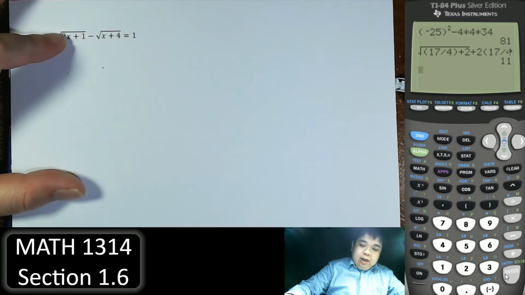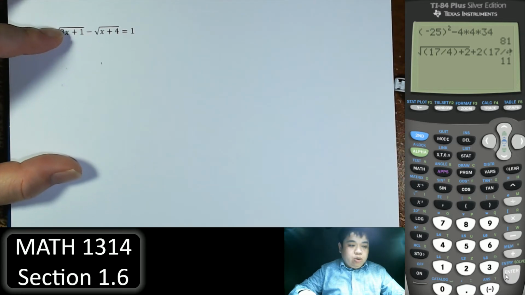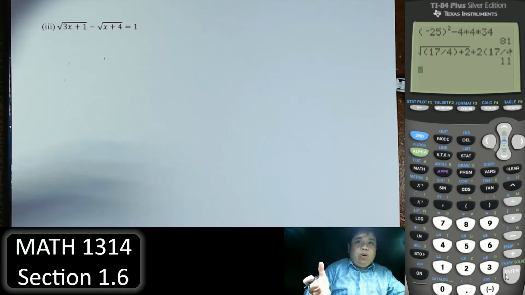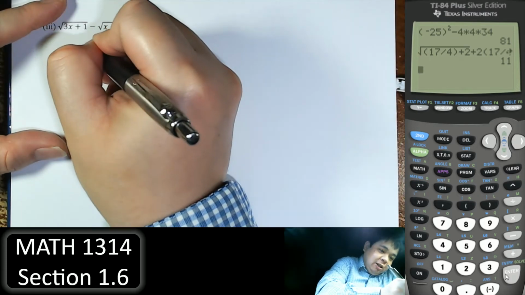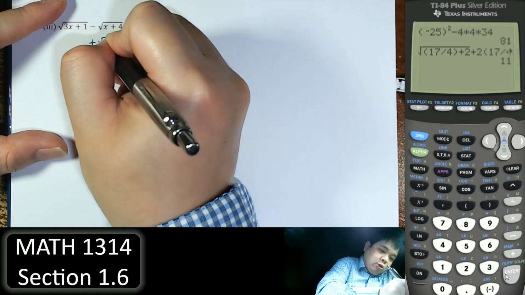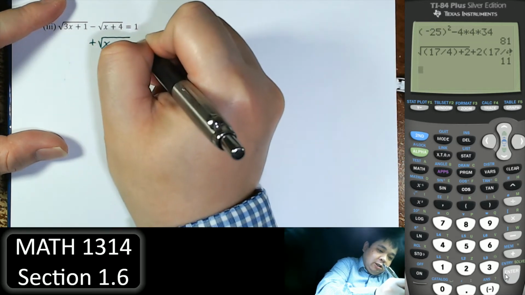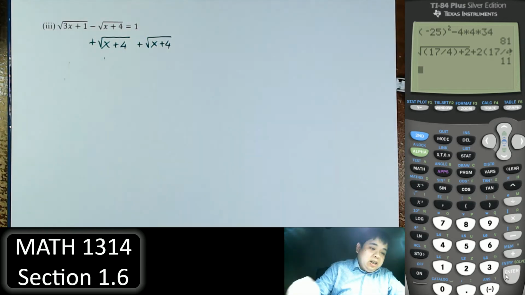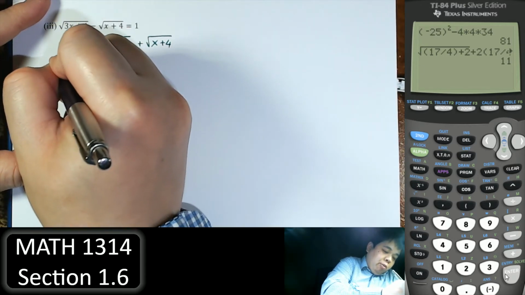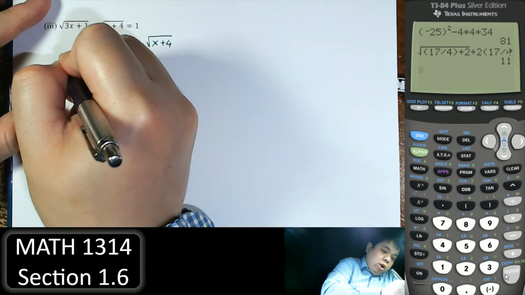Right. Now, what happens when we have 2 square roots? Well, we can only keep one at a time. So I'm going to add the square root of x plus 4 on both sides. So isolate the square root. If we have more than one square root, we square one at a time.